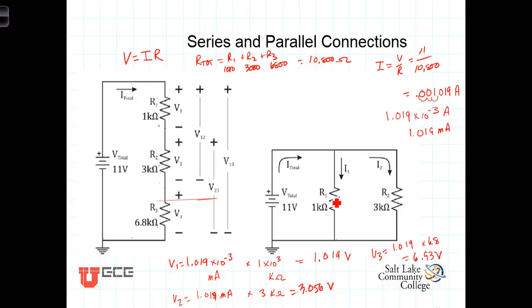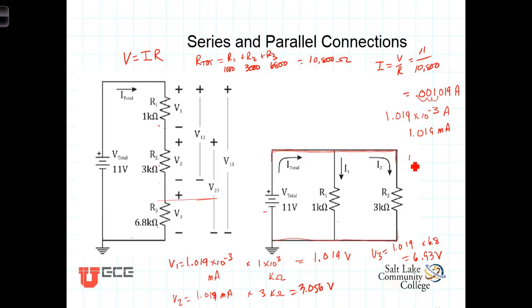You'll notice that both R1 and R2 are connected to the positive terminal of our power supply, and on the other side they're both connected to the negative terminal of our voltage source. So the voltage drop across R1 and the voltage drop across R2 are both equal to this voltage source here. They both have 11 volts dropped across them.